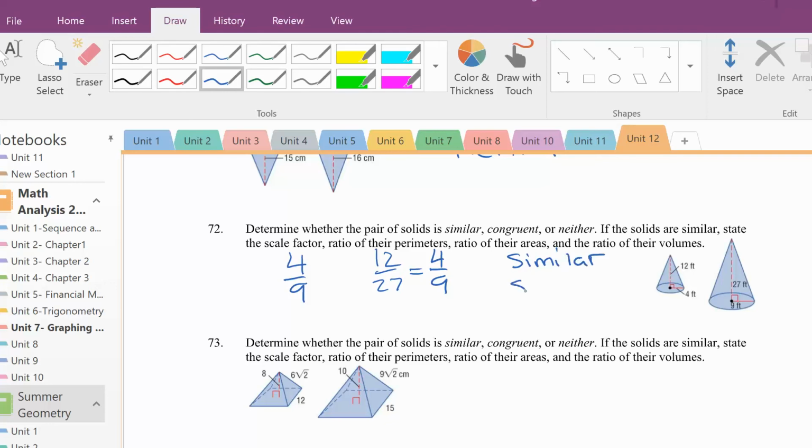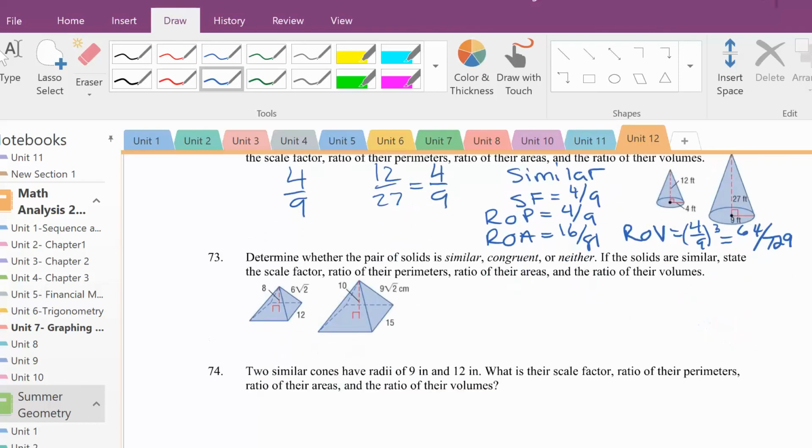The scale factor is 4/9. The ratio of the perimeters would also be 4/9. The ratio of the areas, that is the square, so 16 over 81. And the ratio of the volumes is the cube of 4/9. So 4/9 cubed would be 64 over 729.